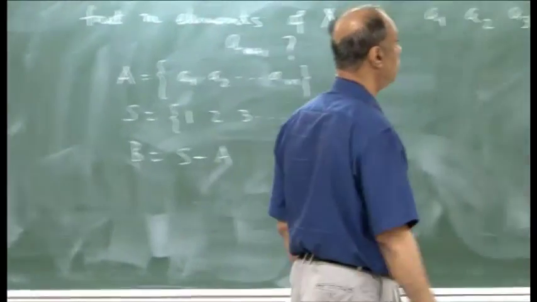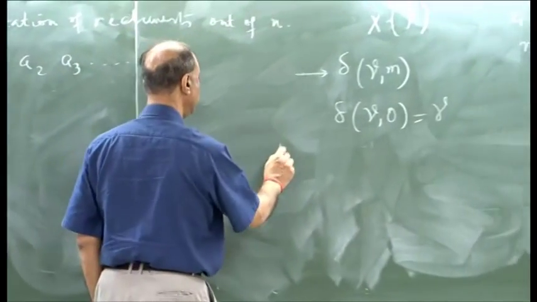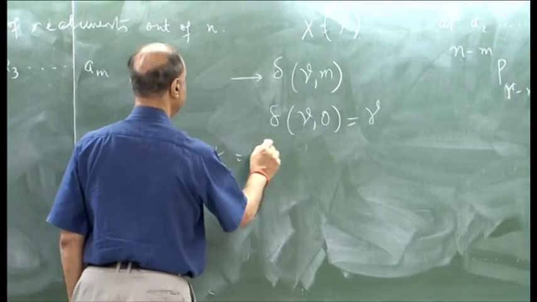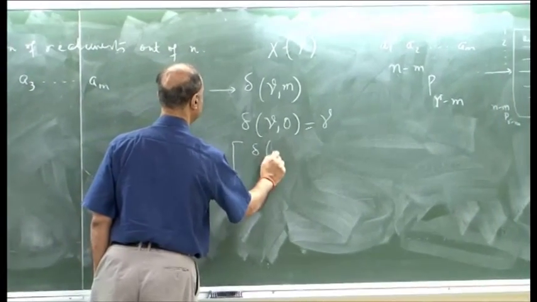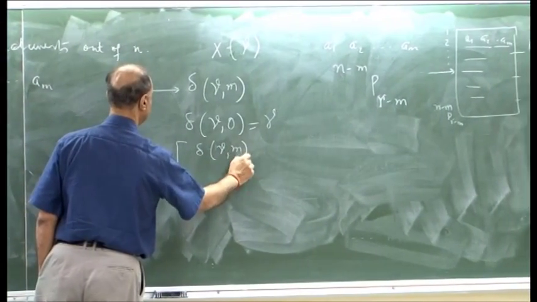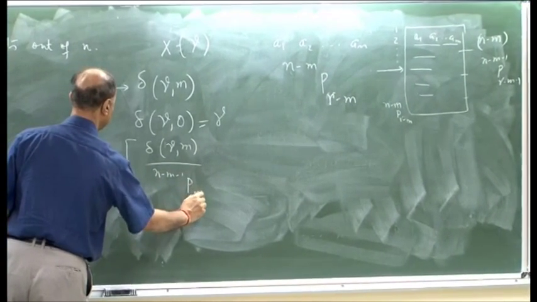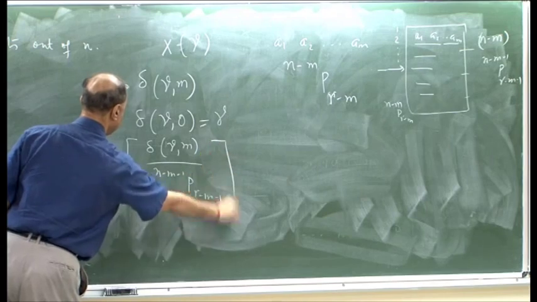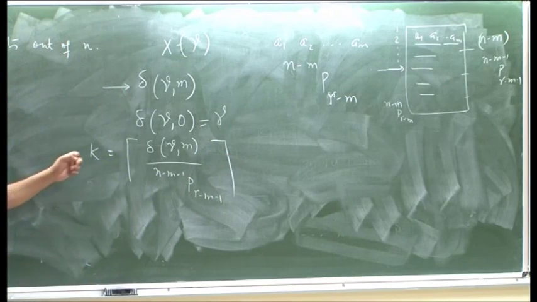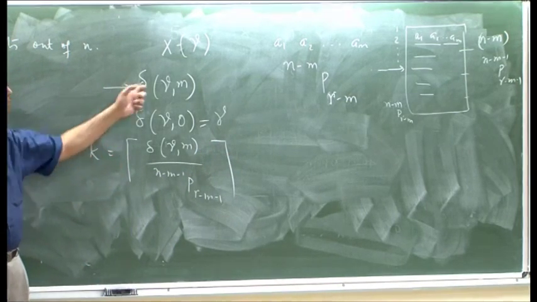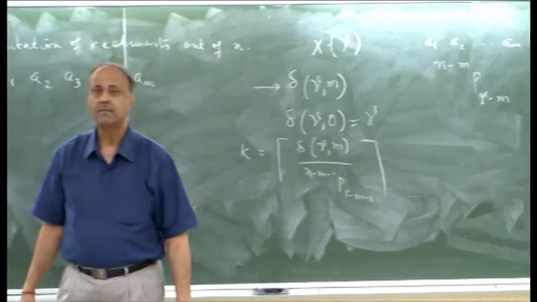Let us assume that K is the group number for delta gamma m.